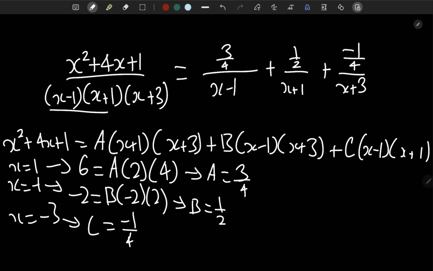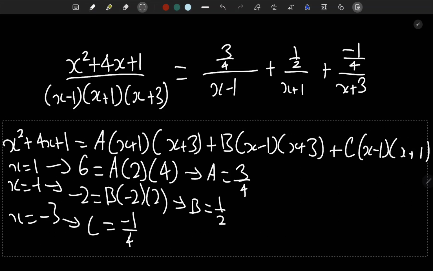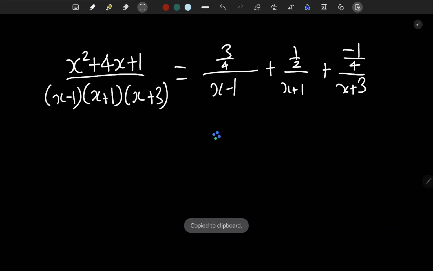So this is an example where we have distinct real roots. In the next few questions I'm going to do some questions with imaginary roots or repeated roots where we need to see the multiplicity number. This is a very easy example actually, and I'm just going to solve this now finally because we found a, b, and c. So I'm going to erase all the workings below and integrate the answer now.